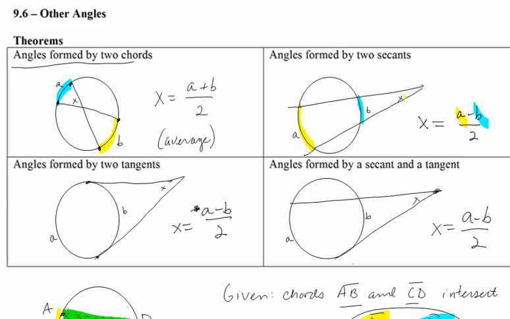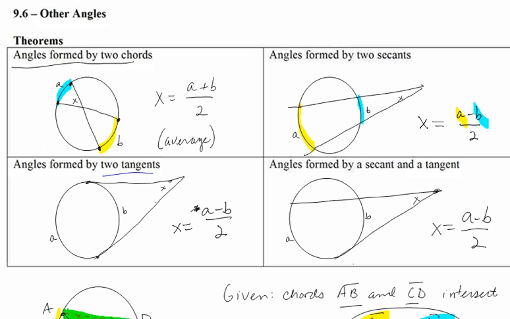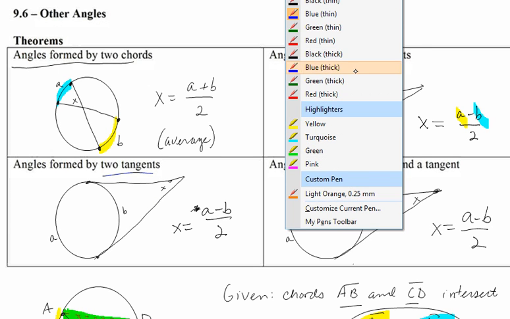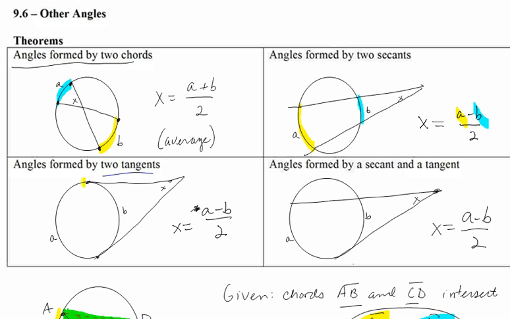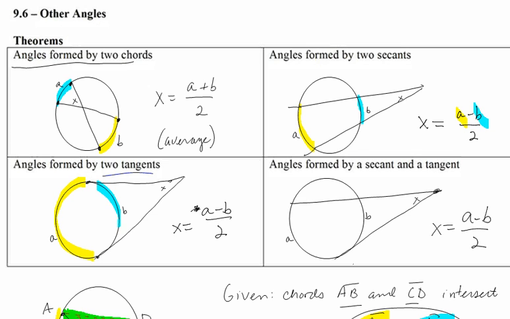Turns out that formula works not just for 2 secants, but for 2 tangents. The larger arc, A, minus the smaller arc, B, if you divide that by 2, you get the angle formed by the 2 tangents.